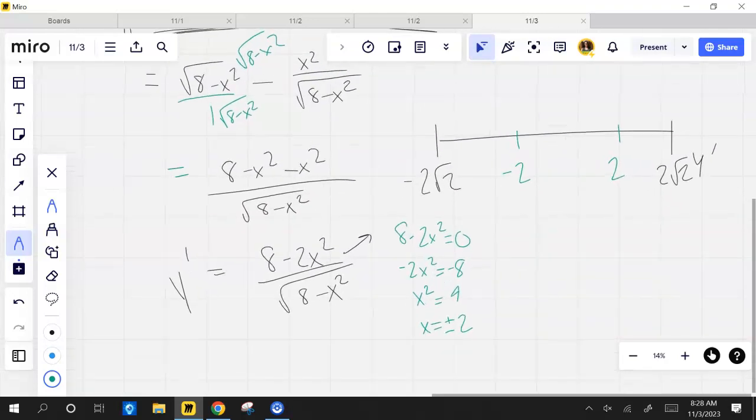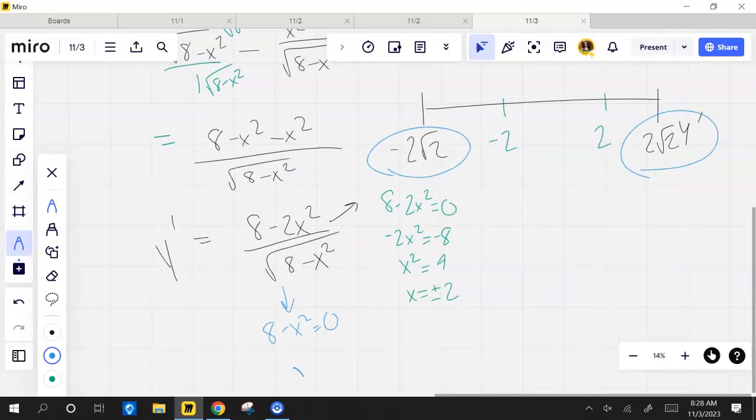Bottom to 0 is going to give me possible stationary but not at rest, and that just gives me my endpoints here anyway. So those are already on there.